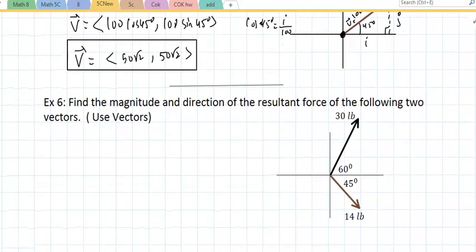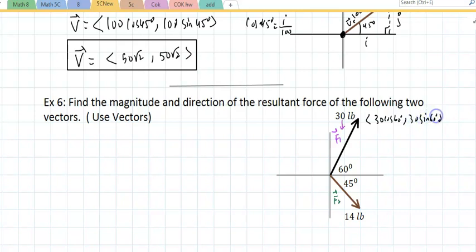What if I have two vectors? Well, now that I know what I know, if this has a magnitude of 30, call this F1 and call this F2. Well, if I could write this as a vector, can't I say this is 60? Isn't this 30 the cosine of 60 degrees? And this is 30 the sine of 60 degrees?